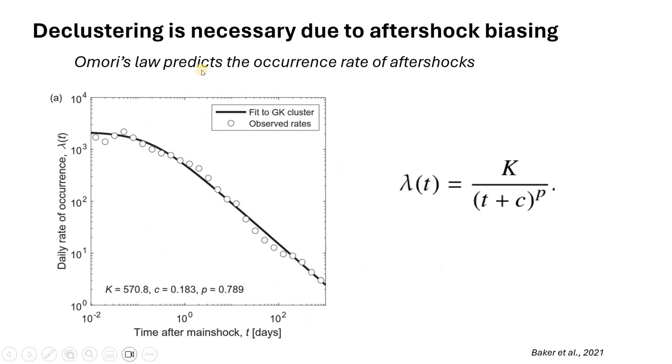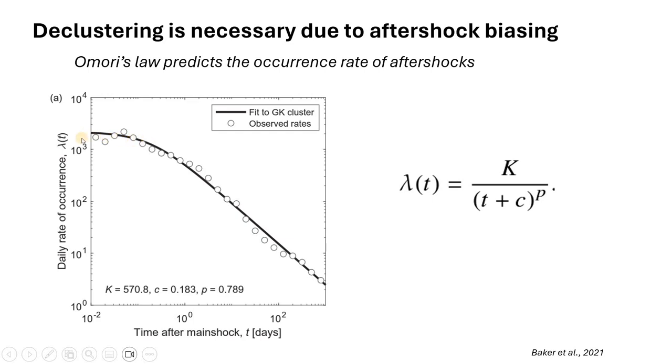So to decluster, we want to essentially remove aftershocks from the catalog, and we do that using what's called Omori's law. This was a relationship that was noticed many years ago, and it's this simple idea that if you have a big main shock, at time 0 here, the rate of aftershocks decays in a predictable form with time.